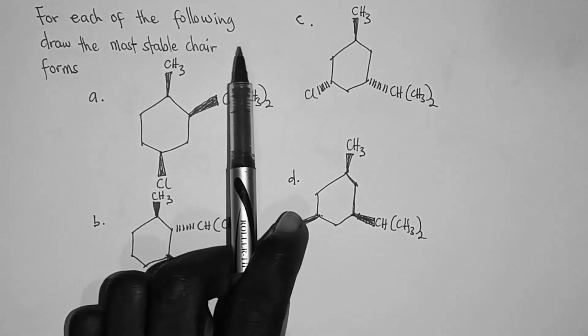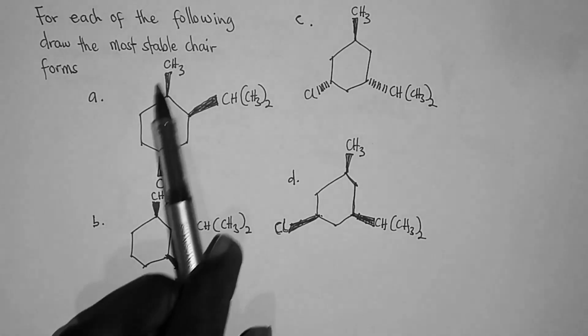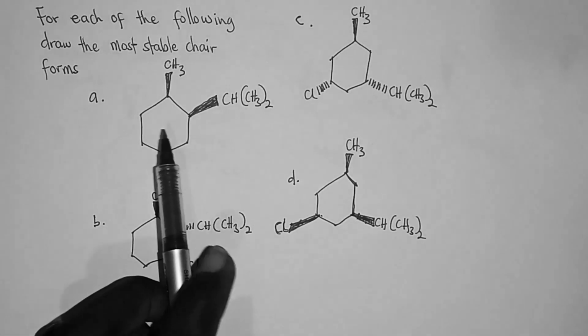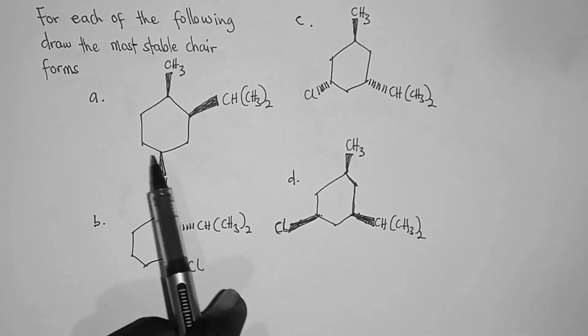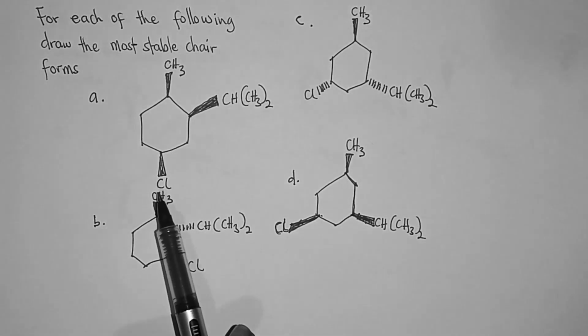For each of the following, draw the most stable chair forms. So let's consider the first molecule. Let's try naming this molecule by assigning numbers to the carbon atoms that make up the cyclic ring.